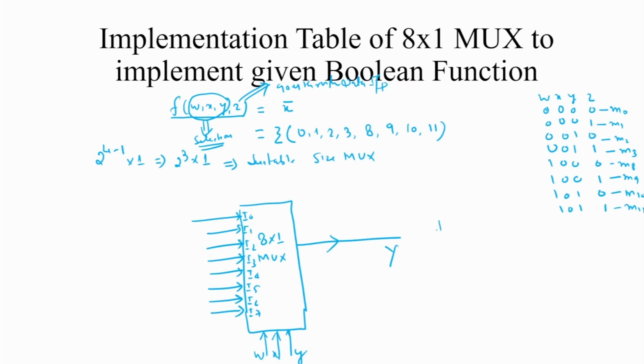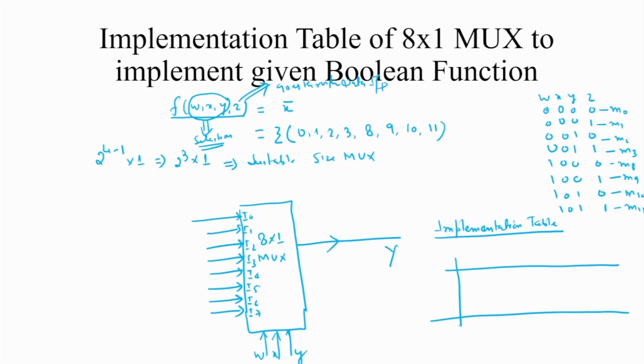Here the inputs are represented through the 3 selection lines: I0, I1, I2, I3, I4, I5, I6 and I7.